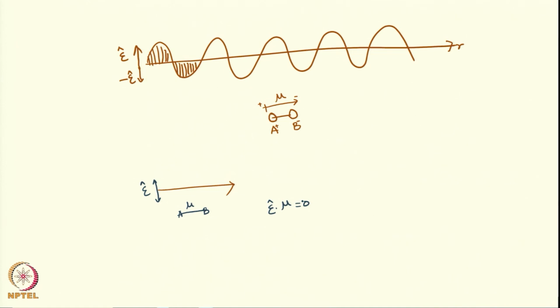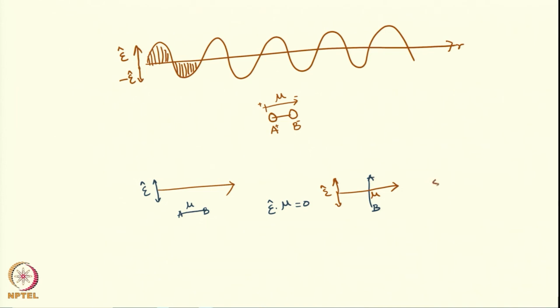On the other hand, if you have AB like this, and your propagation direction is like this, and your electric field vector is like this, now epsilon and mu are parallel to each other, so the dot product will be maximum.